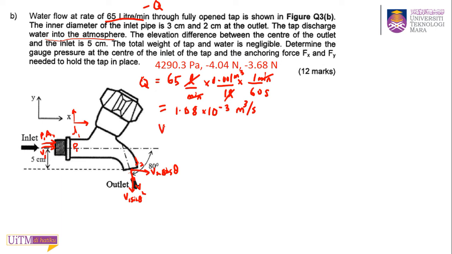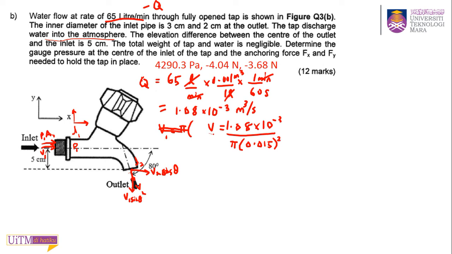So V1: A1 is pi times 1.5... sorry, you want to find V, which is Q over A. Q is 1.08 times 10 to the power of minus 3 divided by A1, where A1 is pi times 0.015 squared.